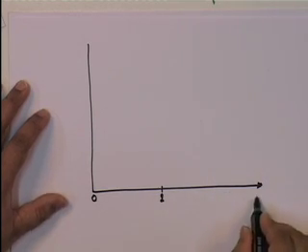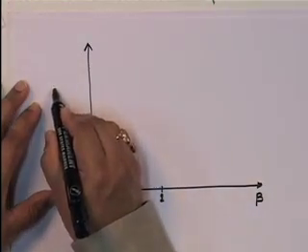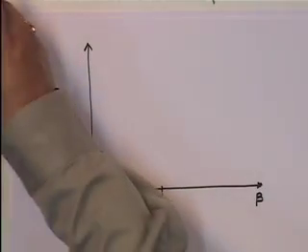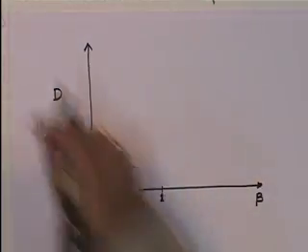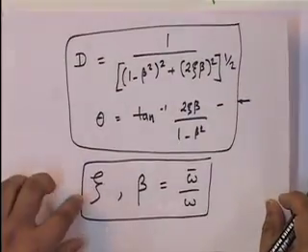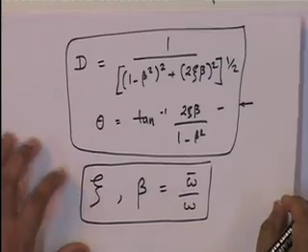On this axis I have beta, on this axis I have d. Let us see what d is. Let us start. And this plot I will do for a particular value of zeta.